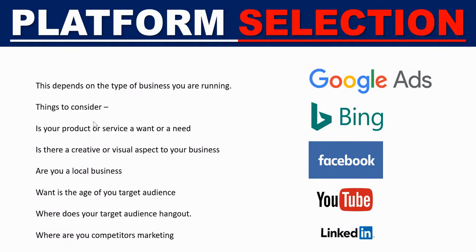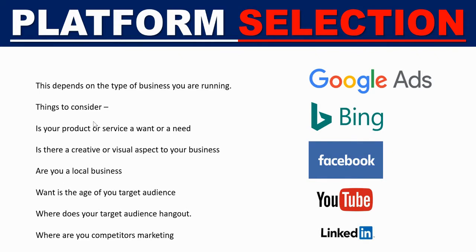Is your product a want or a need? Is there a creative or visual aspect to your business? Is it a local type of business, or are you just operating in a local area? What is the age of your target audience? Where does your target audience hang out? And where are your competitors marketing?